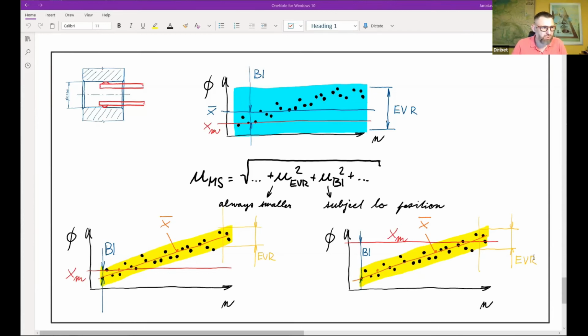But there is also the uncertainty from bias, from how off the measurement result is in a systematic way. And in this case, it very much depends on where is the theoretically correct value. That's this XM down here.